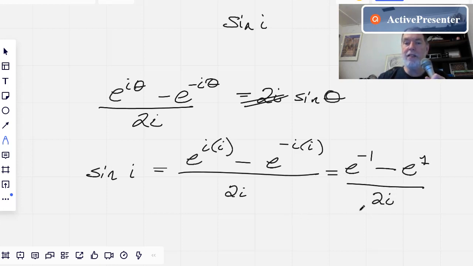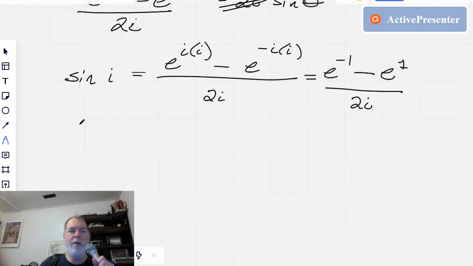And that's really it, but we can change its form, make it a little prettier. So we may prefer another form for this solution. We could pull out this denominator and write 1 over 2i all times 1 over e minus e.